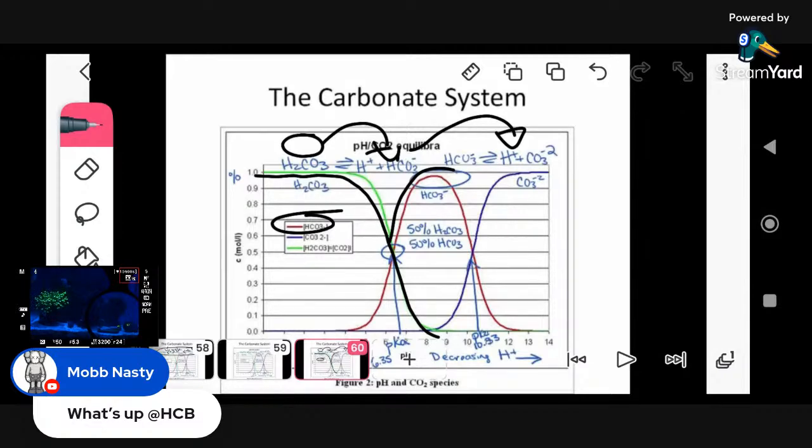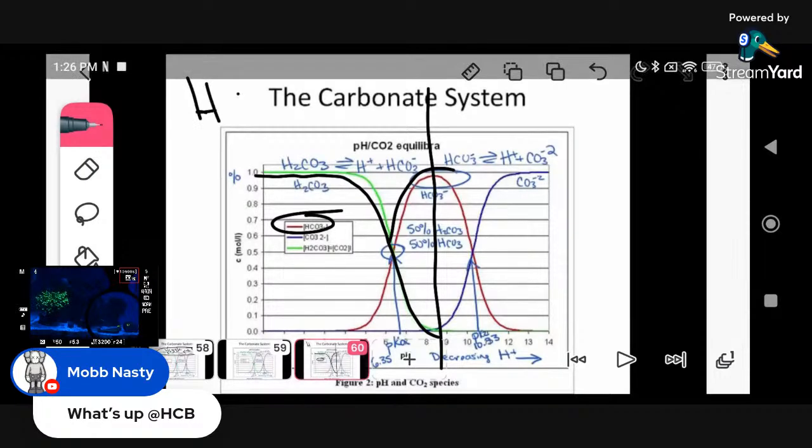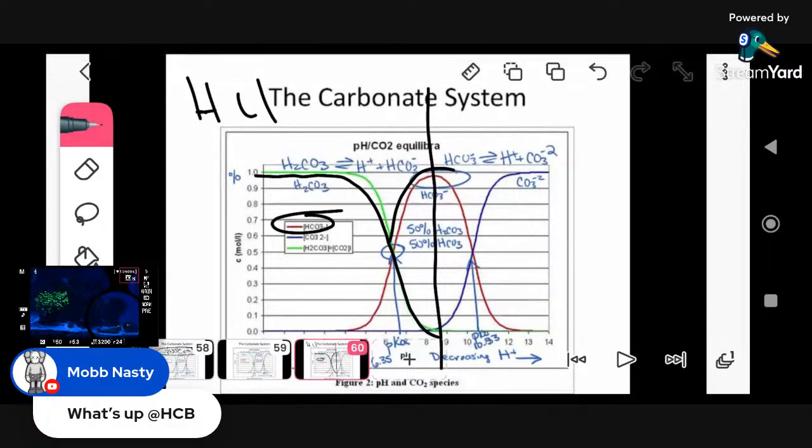So what is a buffer? Okay, so you got the system, right? Let's say your pH is right here. Let's say you throw a strong acid, you throw hydrochloric acid, which is HCl. I forgot if there's a 2 right here or a 2 right here. No, that's hypochloric.